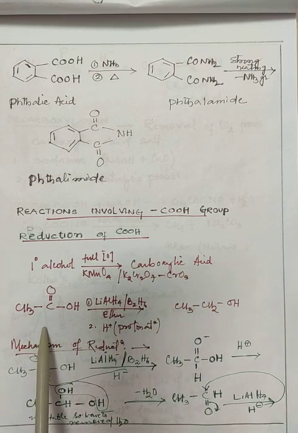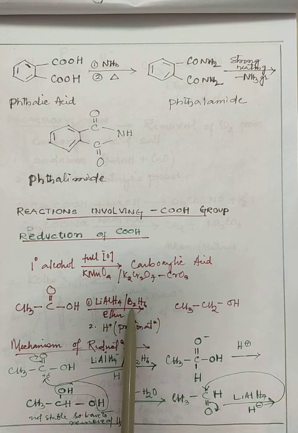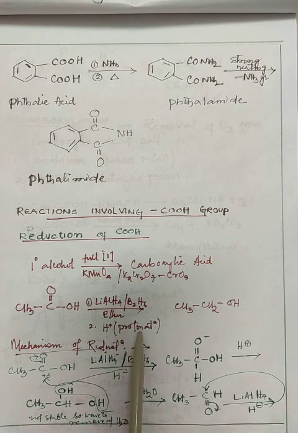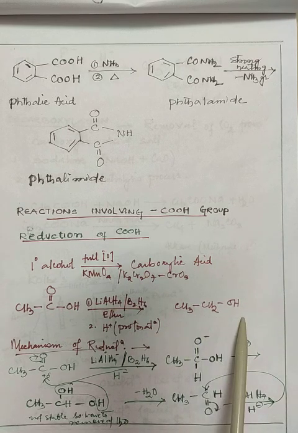Now here this one is primary alcohol, and then we do lithium aluminum hydride or borane, diborane, then in ether or in acid medium we do protonation. So at that time we get alcohol, that is the primary product.